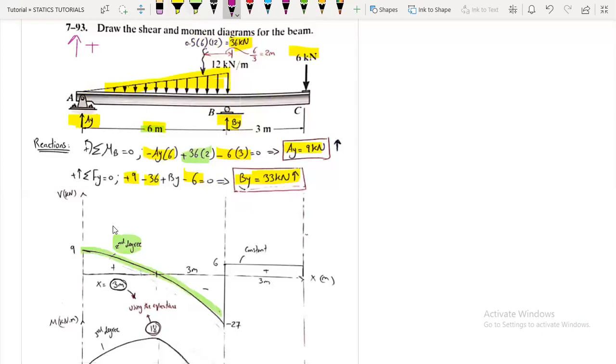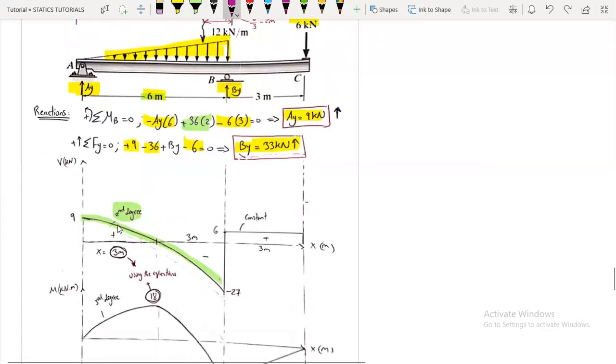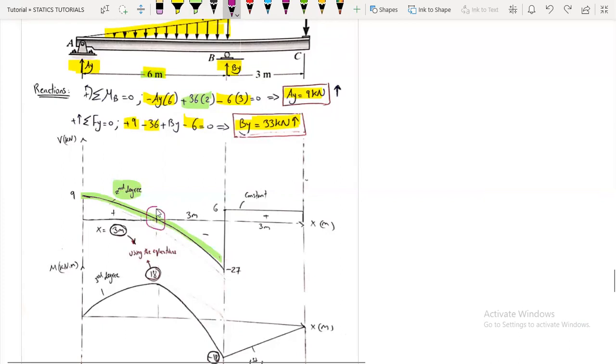So the slope should increase negatively. The curve is going downwards, because here it is 0 and here it's maximum, so the slope is decreasing but negatively because it is going downwards. Anyway, if we have drawn it this way, it's incorrect. So here it's a second degree, but how do we find the intersection location and this value?